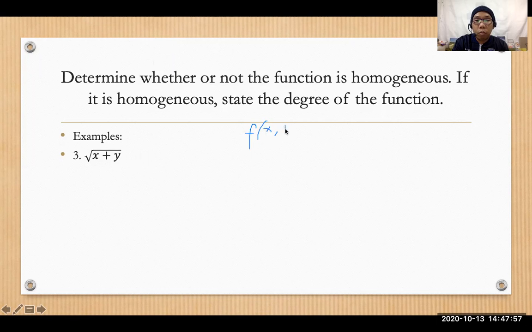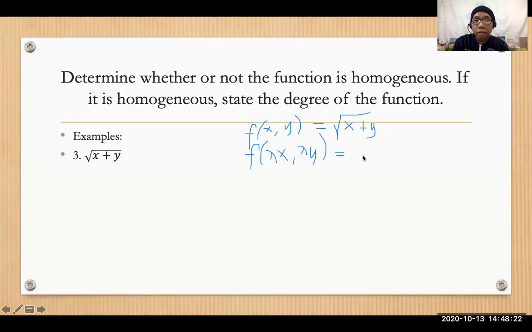So here, if your function of x and y is equal to the square root of x plus y, well, for me, I can determine the homogeneity of the function and the degree, but for the sake of applying the homogeneity, we are going to replace x by lambda x and y by lambda y.